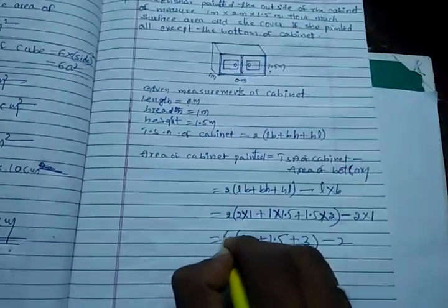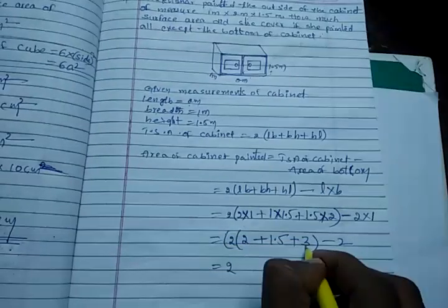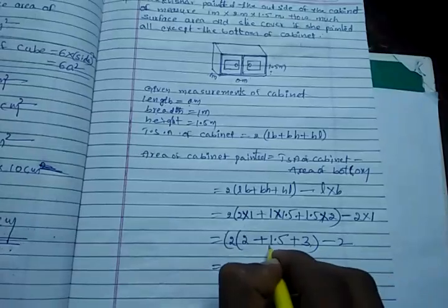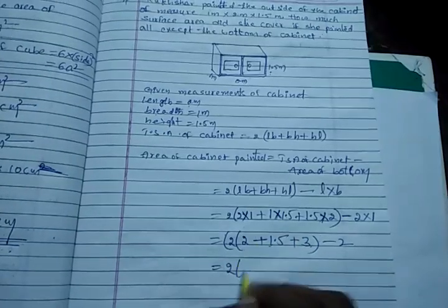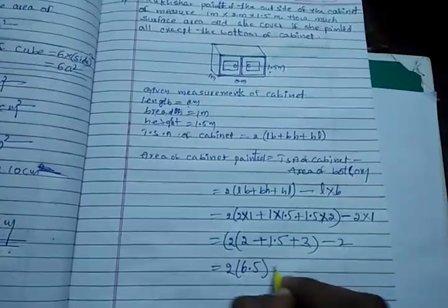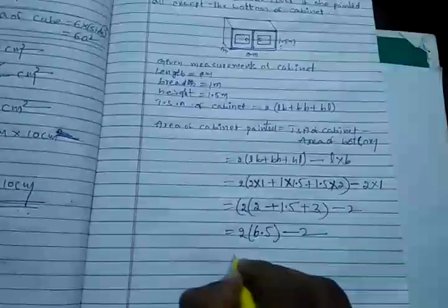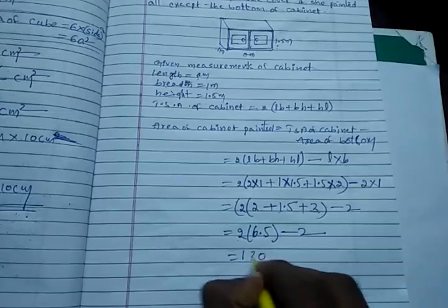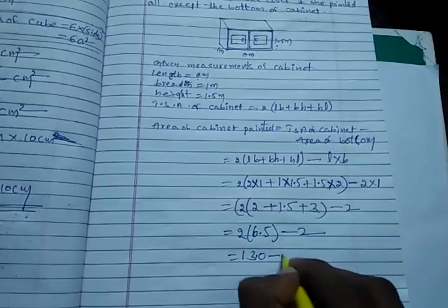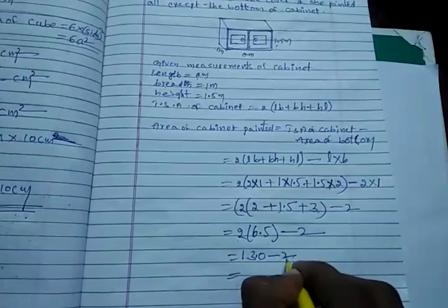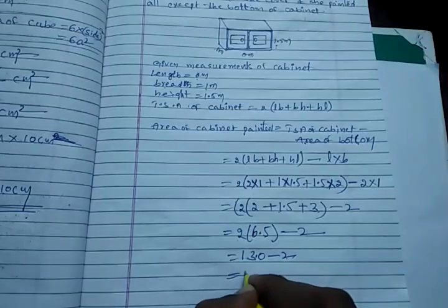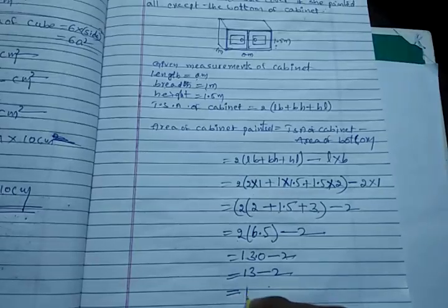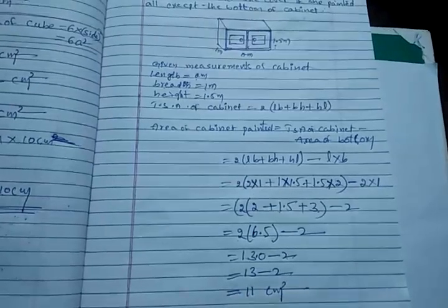Now addition: 2 plus 3 is 5, 5 plus 1.5 is 6.5, so 6.5. Then 2 sixes are 12, 2 fives are 10, so 13.0 minus 2, that is 13 minus 2, which is 11 meter square.